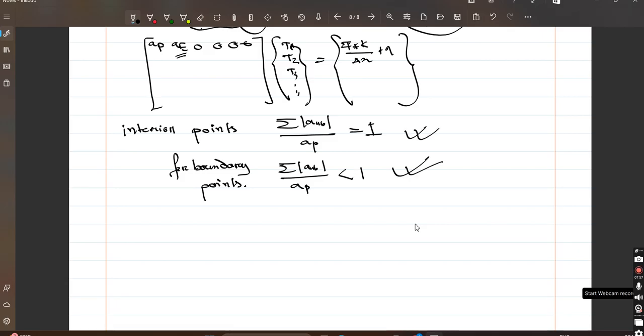So now we have seen that we are able to satisfy both the conditions, right? So it tells us the solution will converge, right? So this was a demonstration of how you can check whether the solution that you are expecting will converge or not using the Scarborough criteria. Okay.